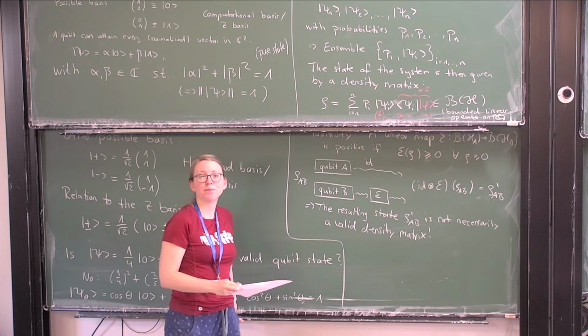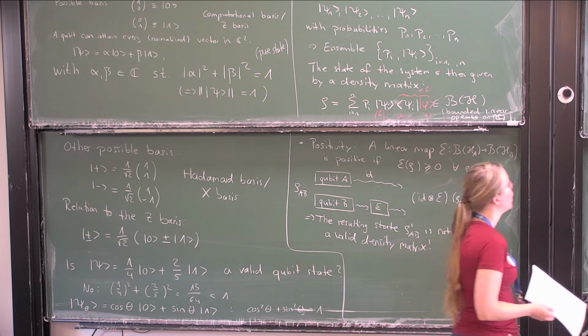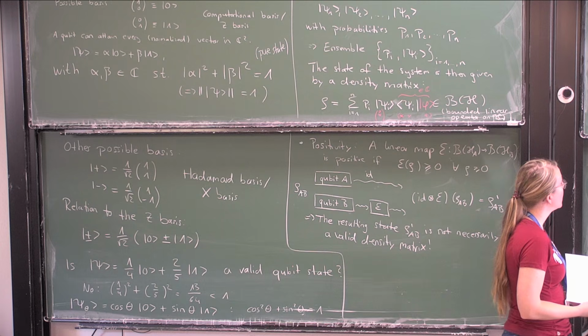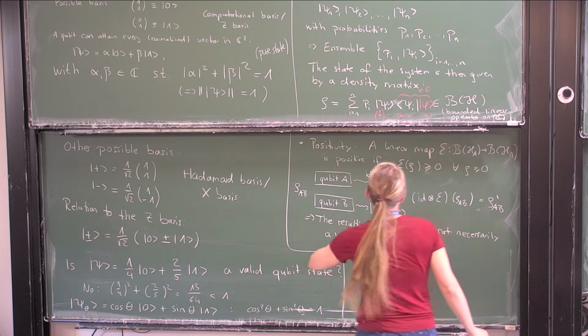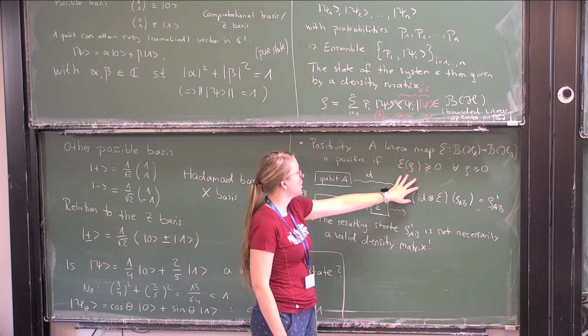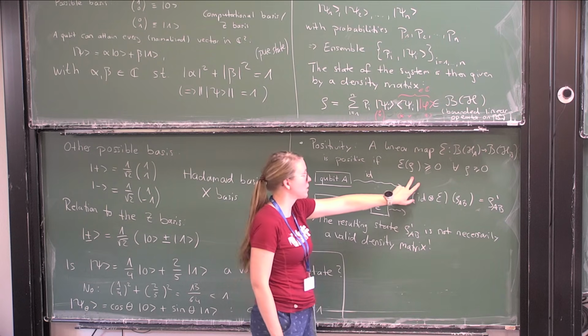Question? Yes. Which of these properties fails in this case? Or can you construct examples where any of them can fail? I think it depends on the example that you find. What fails is that it will give you a density state that doesn't fulfill positivity anymore.